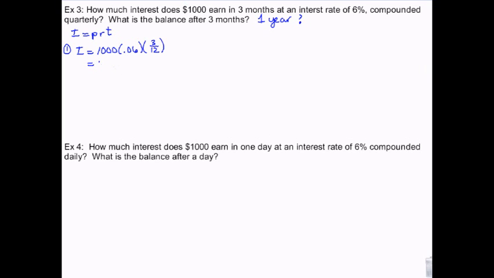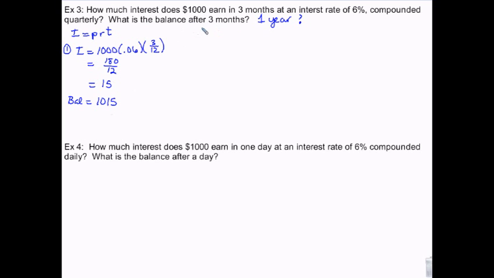Here, actually, since I'm going to get you guys in the habit of this, I'm going to do 1,000 times 0.06 times 3. And that'll give me 180 divided by 12. So it's $15. So the balance would be 1,015.